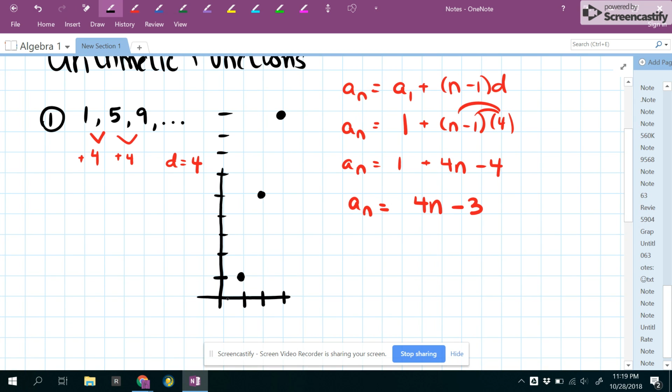Doesn't that look linear? And instead of having x's on the bottom, we have n's. And instead of having y's going up the side, we have our terms. So again, it looks like it should be a line.